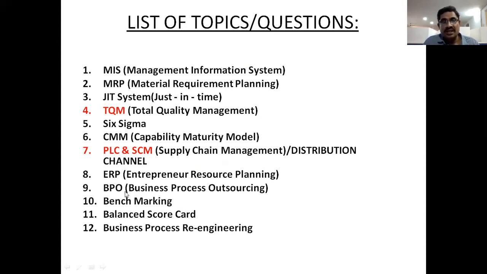Through these, the company will achieve its targets within a short period of time. If a company is declining, by using these 12 methods, the company will have higher profits and higher sales, right?